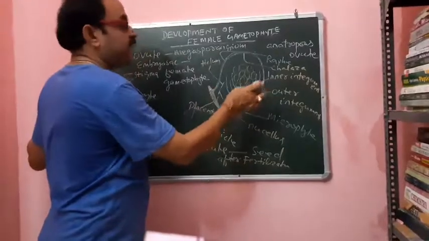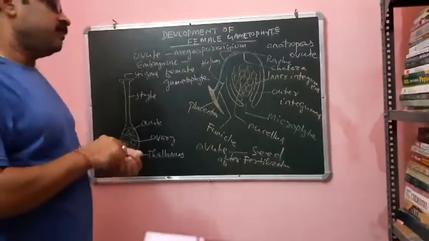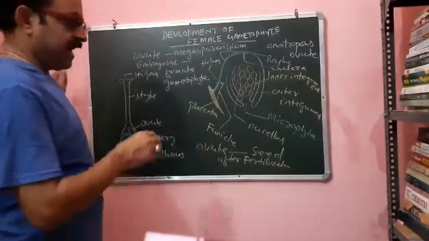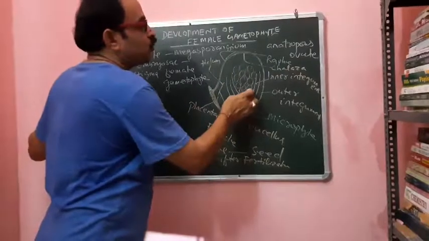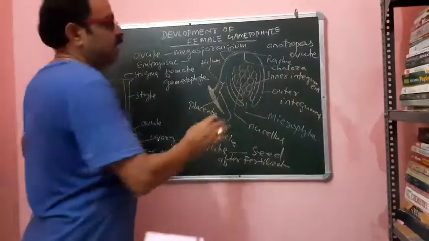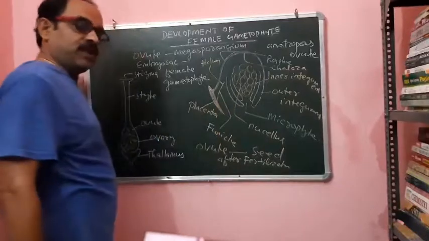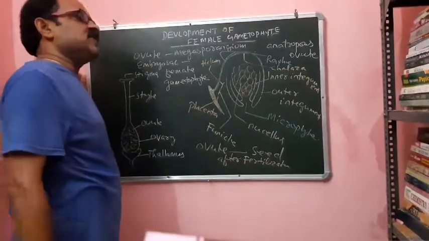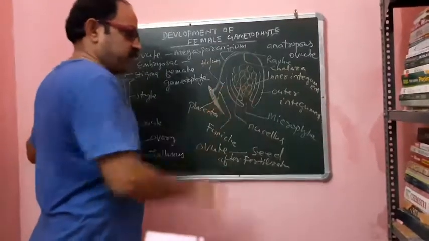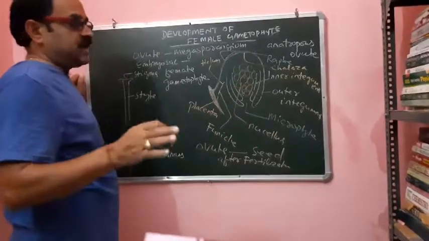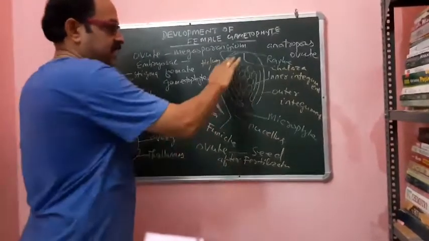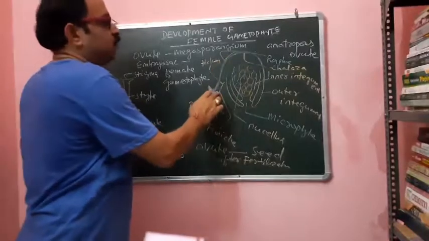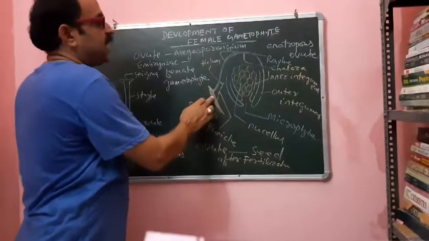Most angiospermic plants are bitegmic. Bitegmic means two integuments are present. In some plants three integuments are present, but in most angiospermic plants the ovule is bitegmic due to the presence of two integuments. This is body part, this is funicle, this is placenta.